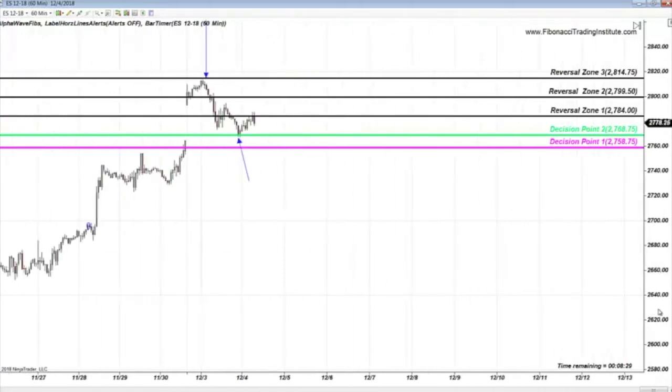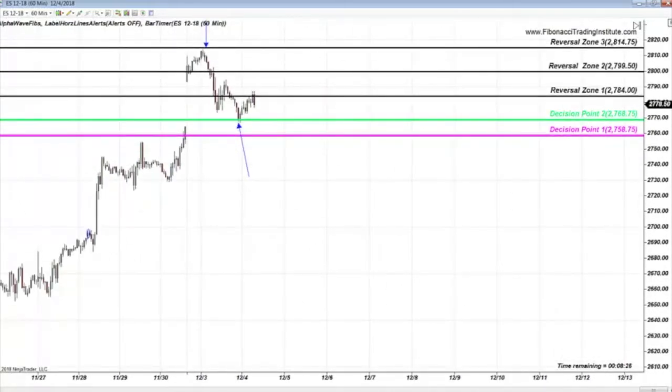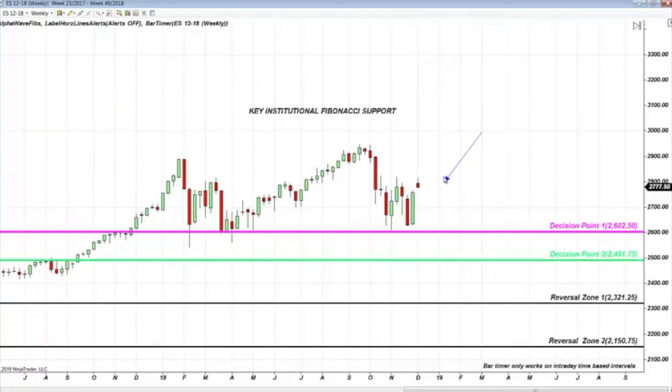So when it comes to institutional charts, which are long-term investment charts because institutions hold positions for a long time, what is the key support we're monitoring for months? This level. This is where buyers have been coming from. This is absolutely crucial.